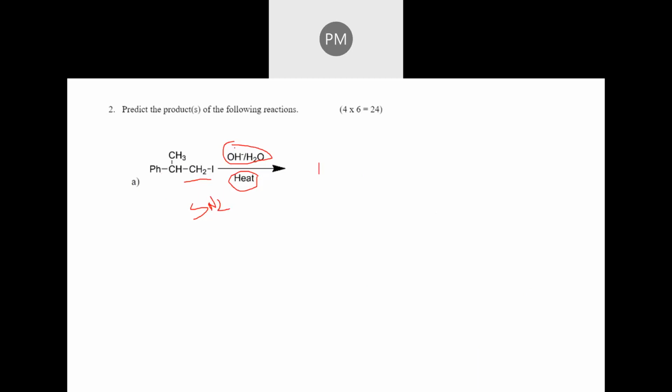This OH minus will attack here and iodide will leave, so the product of this reaction will be Ph-CH2-CH2-OH.